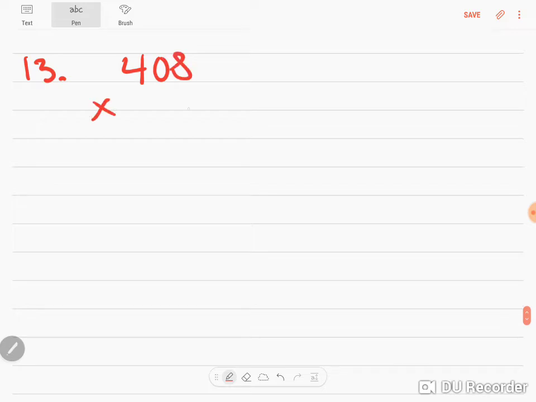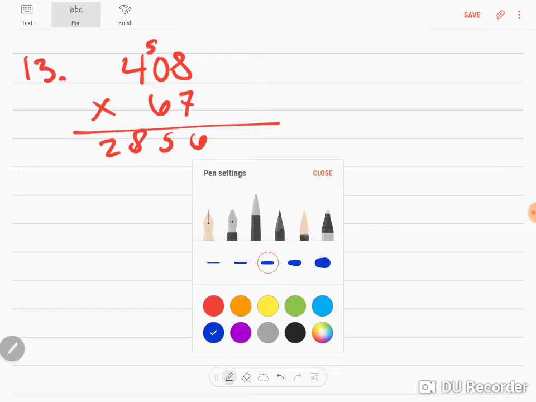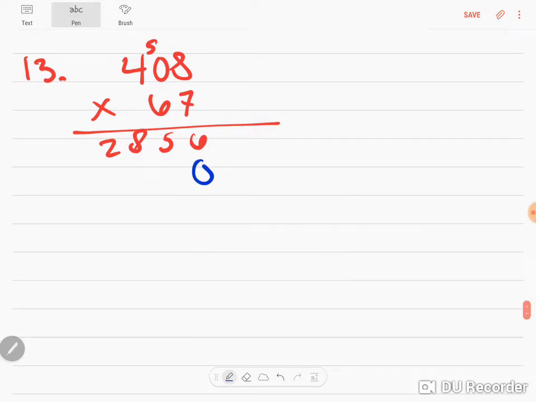$408 times 67. 8 times 7 is 56. 0 times 7 is 0 plus 5 is 5. 7 times 4 is 28. I'm going to change my color to do the second row. Add my 0. 6 times 8 is 48. Put my 8 there.